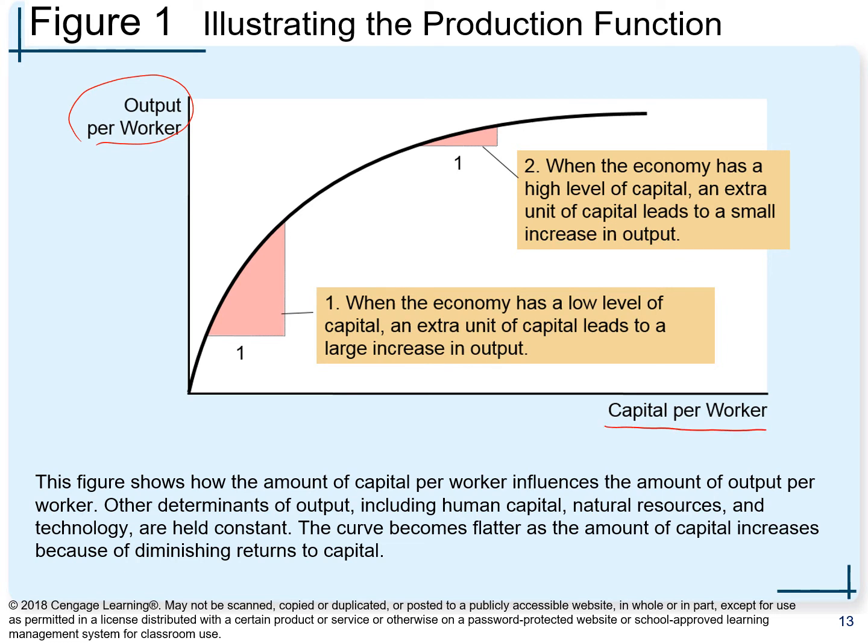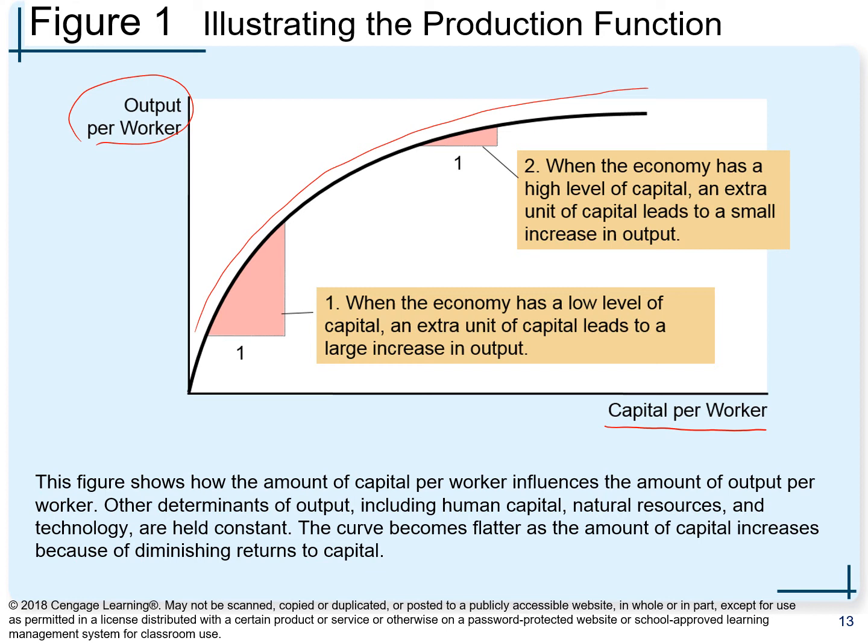In general, as capital per worker goes up, output per worker goes up, so it's an upward sloping curve. But as the amount of capital per worker goes up, output per worker goes up, but at a decreasing rate. That is called diminishing returns.